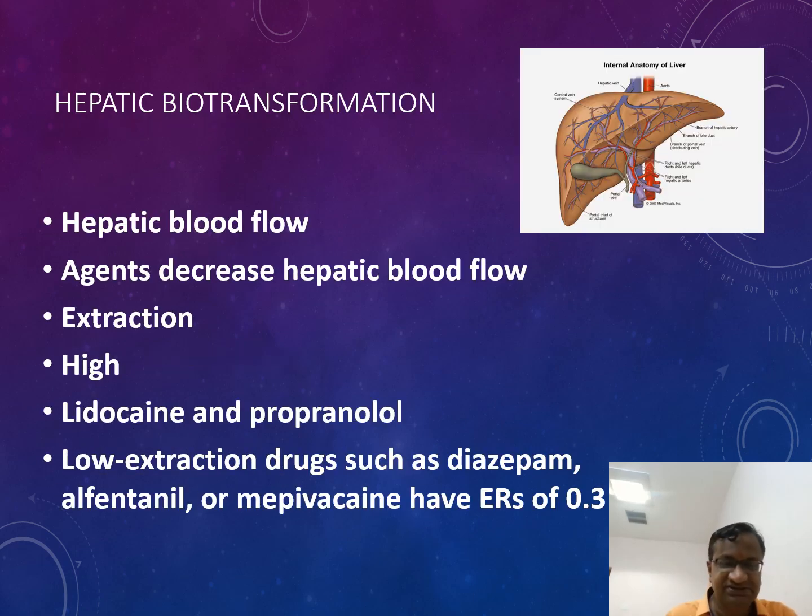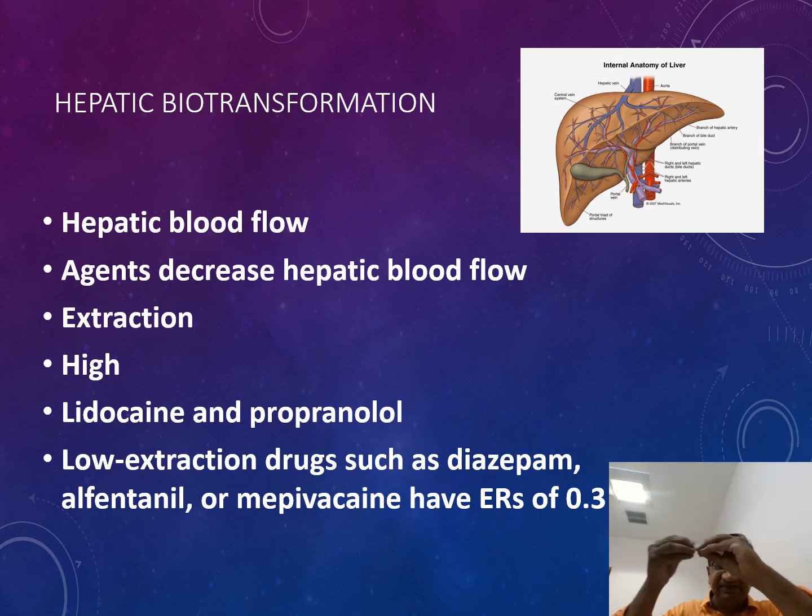Hepatic biotransformation. Now, hepatic blood flow is decreased by agents. That is what we know. We have certain drugs like lignocaine and propofol, which have high extraction ratios. What does it mean? 10 milligrams goes to the liver, and the whole 10 milligrams is extracted by the liver. That means it is high.